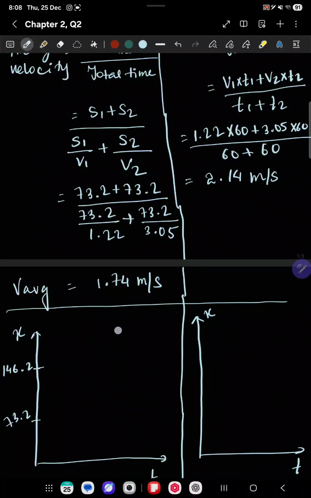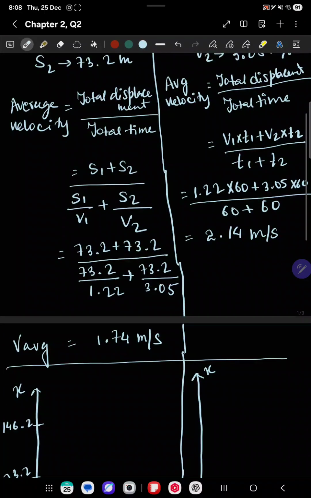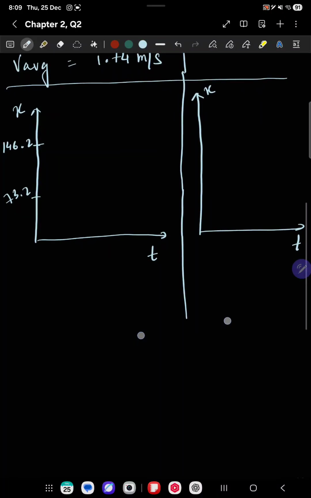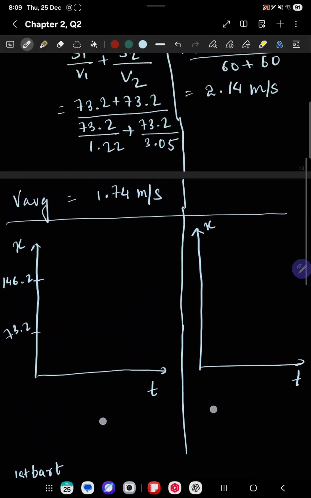Now from the slope curve we can find out, for example, suppose the first part of this, let me again write it here for better clarity.